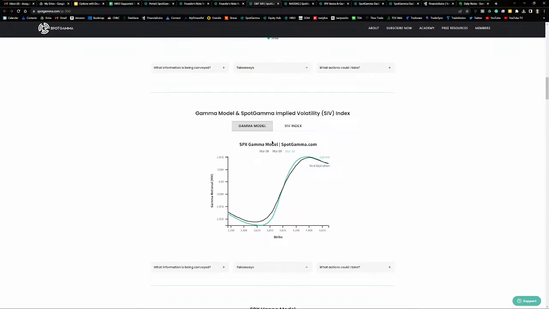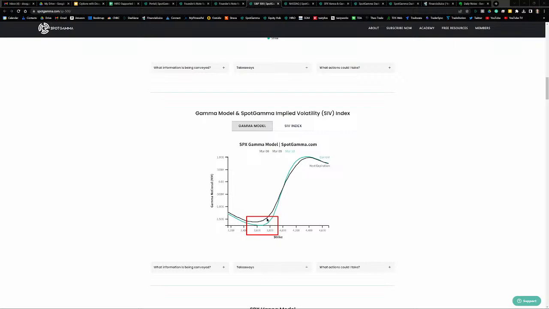Down here, here's the gamma model for SPX, and this is showing as price approaches, let's say, 3,600 to 3,700, the hedging that market makers need to do starts to decrease.